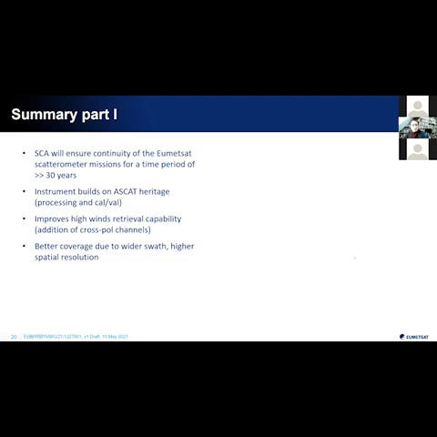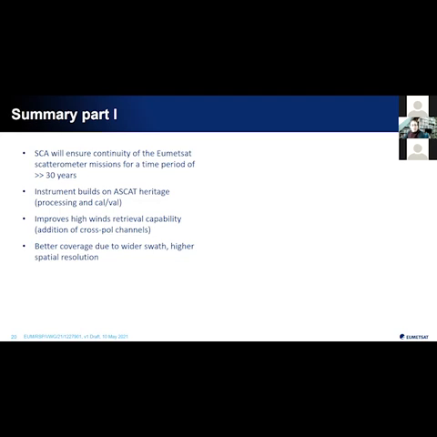I'm actually already at the end of the first part of my talk. So just to give you a summary, we have EPS-SG SCA, which will ensure the continuity of the EUMETSAT scatterometer missions for quite a long time period, more than 30 years. We are building on the strong heritage from the SCA instrument, from the instrument, from the processing, and also on the calibration.